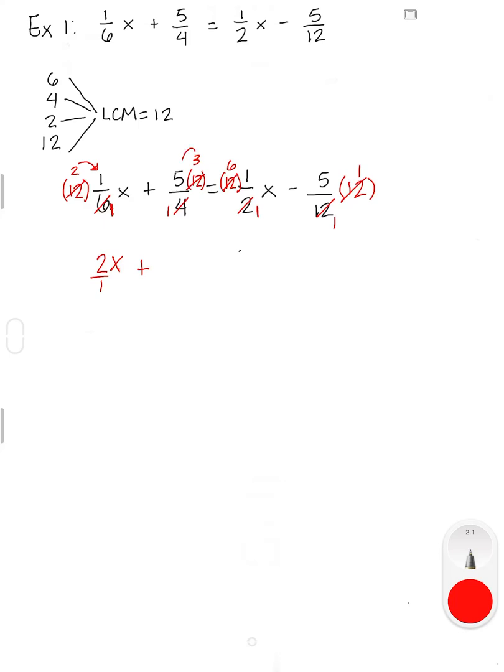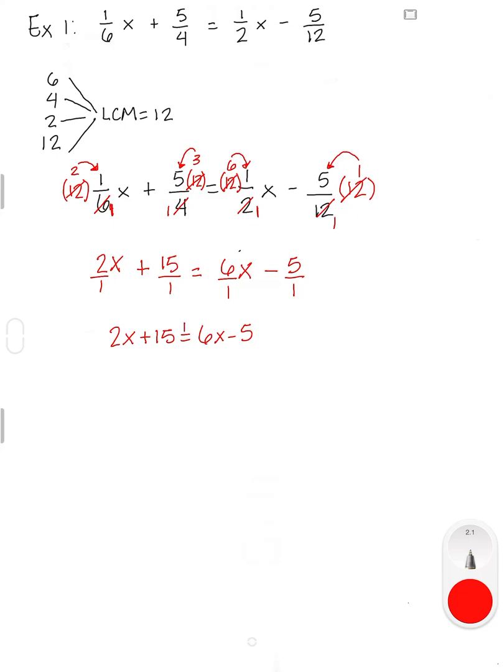And then plus 3 times 5, which is 15, and then still have over 1, equals 6 times 1, which is 6, and then over 1, and then the x, minus 1 times 5, which is 5 over 1. Now, we don't need these ones, so I can just rewrite this as 2x plus 15 equals 6x minus 5, because we know that any number divided by 1 is just the number itself.